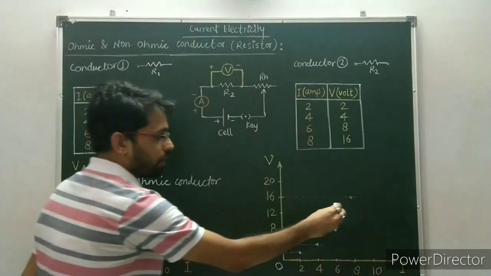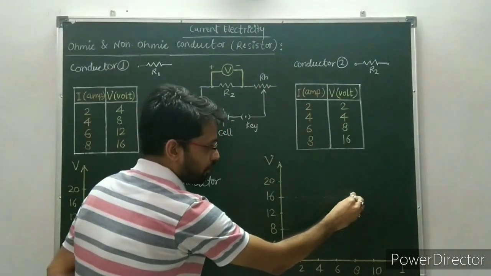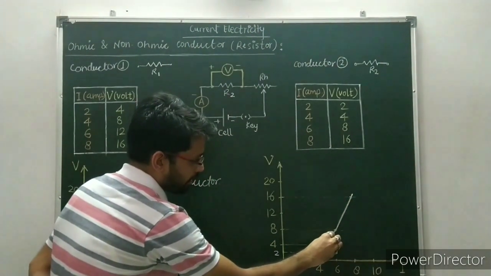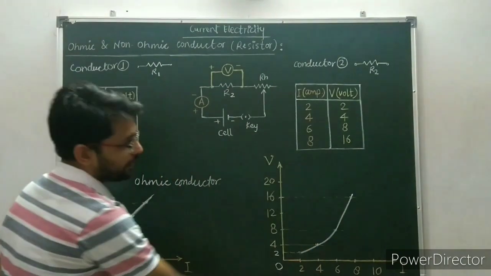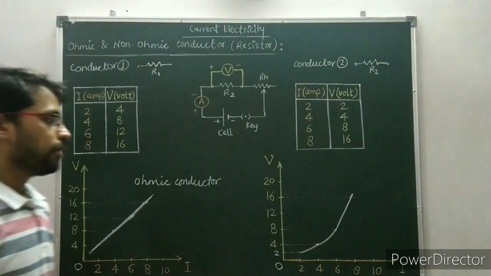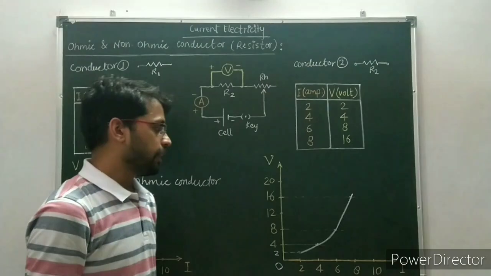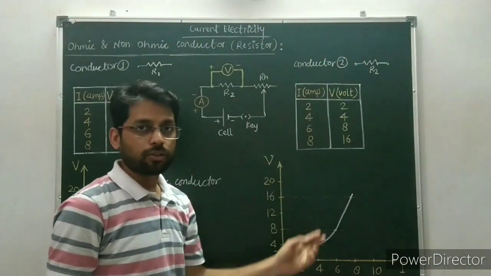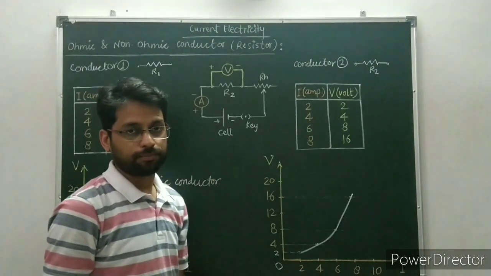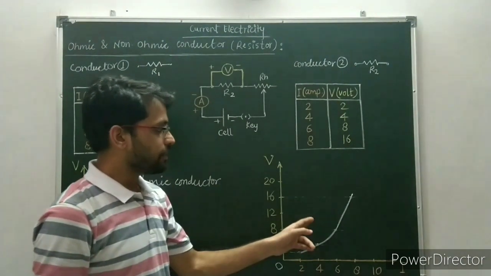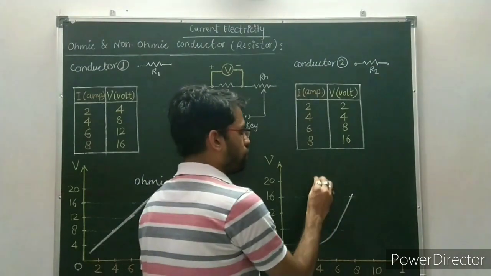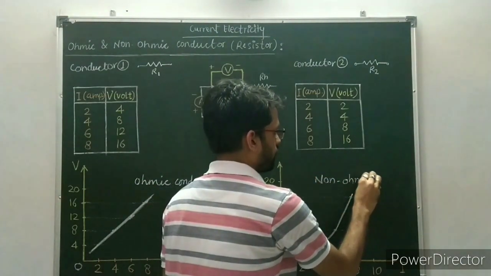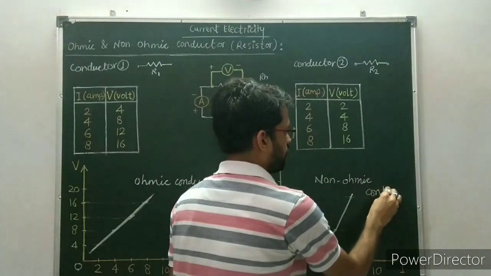These are the points. Now join these points. When you join these points, you realize that the graph is not linear. The graph is not linear, and this graph shows that the conductor is not obeying Ohm's law. Hence this type of conductor is known as a non-ohmic conductor.